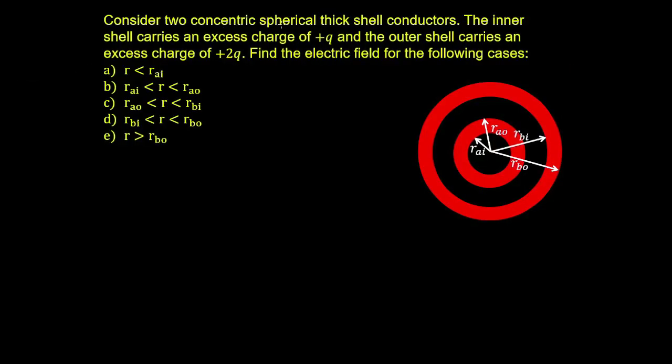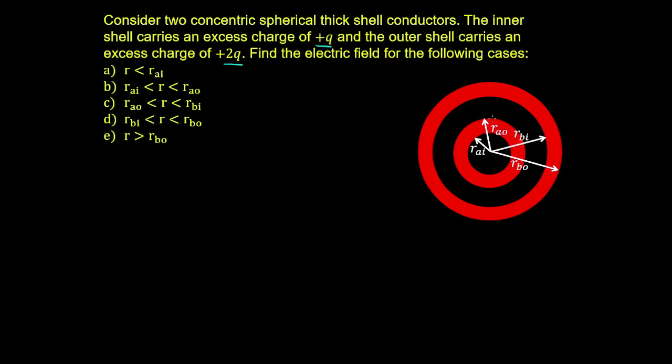Consider two concentric spherical thick shell conductors. The inner shell carries an excess charge of plus Q, and the outer shell carries an excess charge of plus 2Q. And we're asked to find the electric field for the following cases.